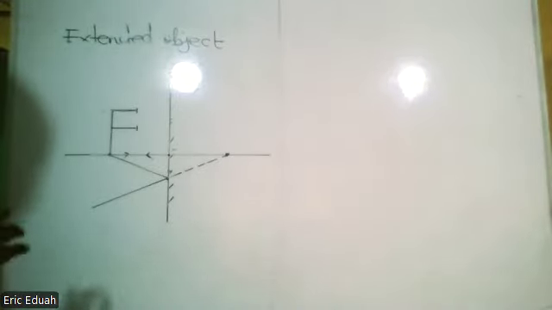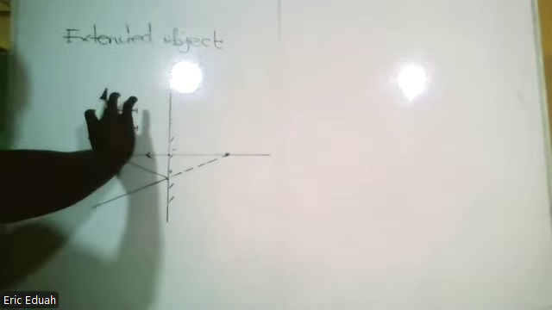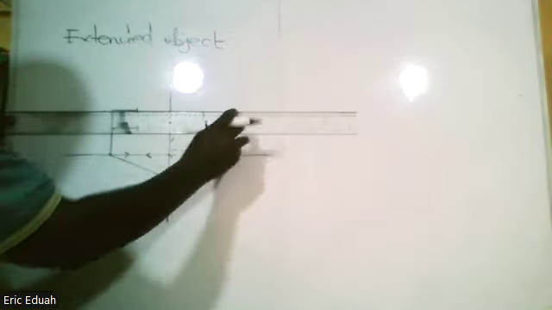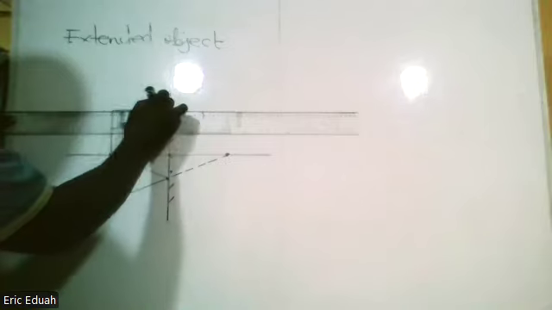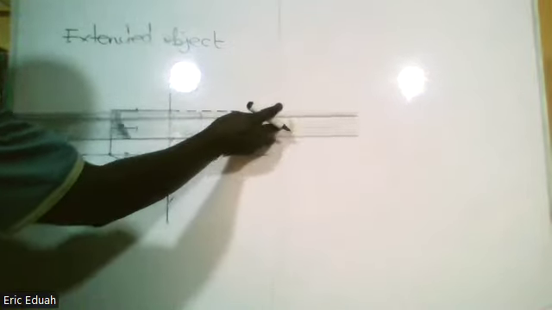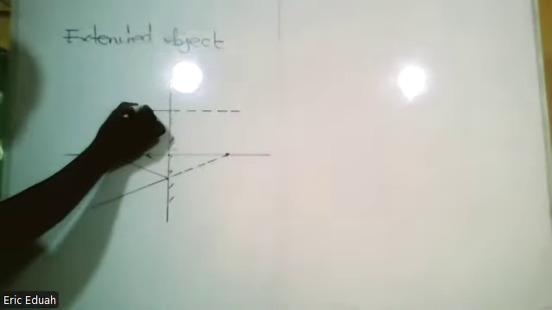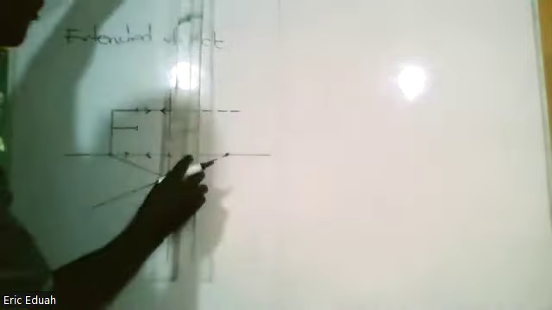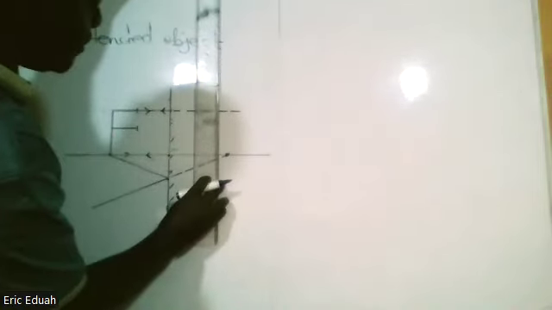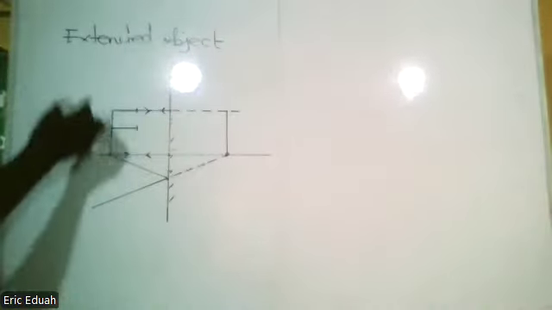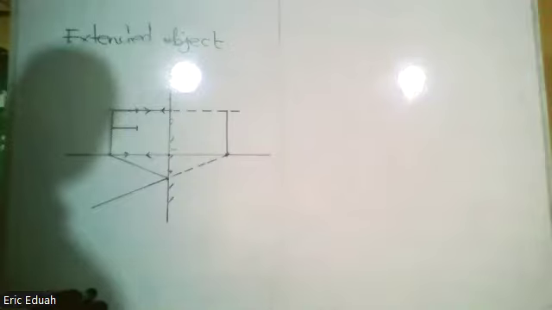Now image height equals object height. But before then, I must draw the head. So a horizontal line, which is perpendicular. This is a ray. So from this point to this, I have the back of it.